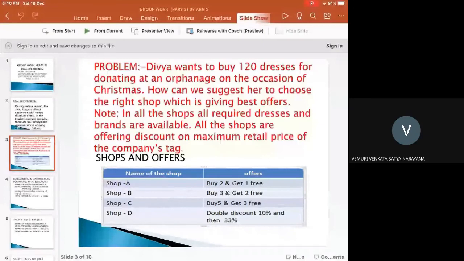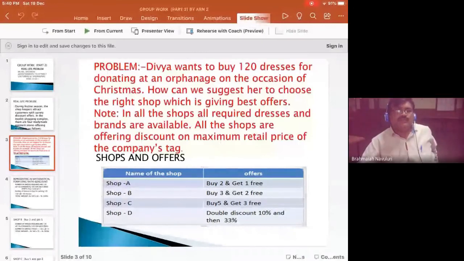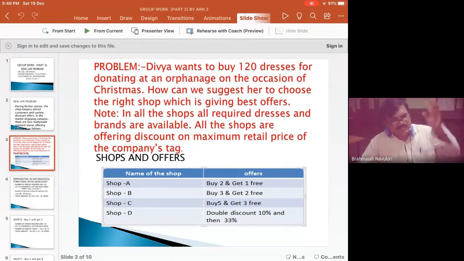How can we suggest she choose the right shop which is giving the best offers? In all the shops, all required dresses and brands are available. All the shops are offering discounts on MRP. So shop A is offering buy 2 and get 1 free.